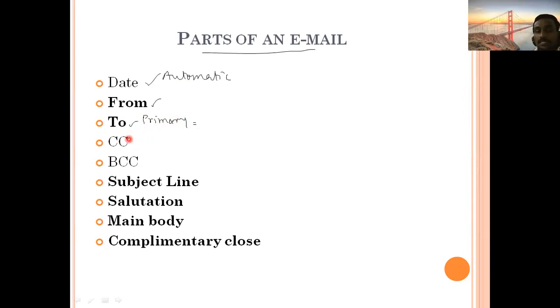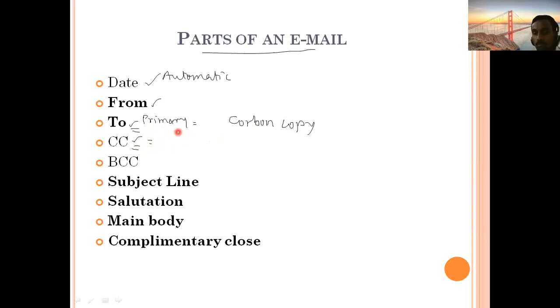Then here CC, what is this CC? कार्बन कॉपी. CC means carbon copy, same email. What email you are going to send to the people in To, the same email will be sent to the people who are in CC. Those people who are associated or related with this, you can include these people in CC.